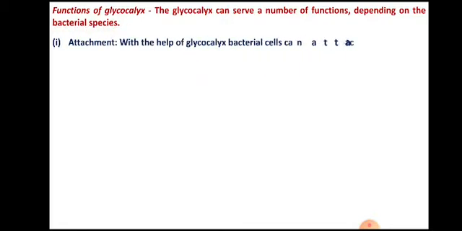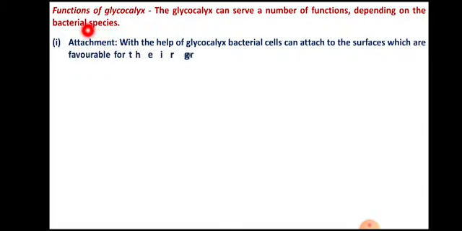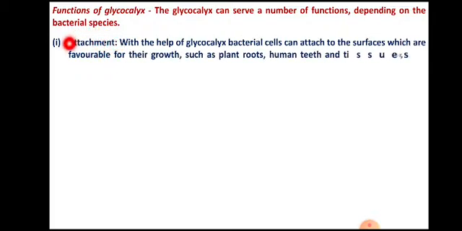The first function is that it helps in binding or attachment. If a bacterial cell has this capsule, it can bind to several solid substrates, for example, plant roots, human teeth and tissues, rocks in faster moving water.